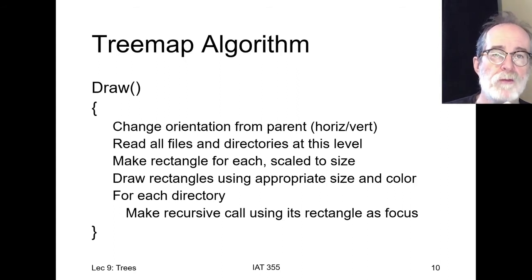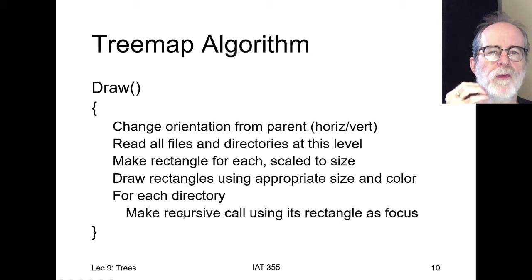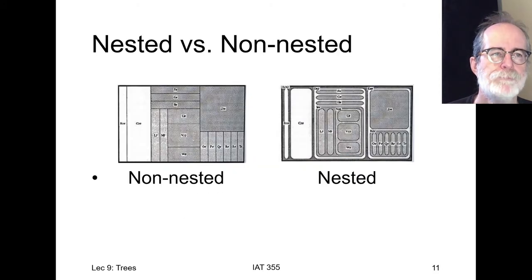And then for each directory, if this was directories, still make a recursive call to draw all the content of that directory in the small size that you've allocated for this individual item. So all of that is within this for loop. So that's the basic idea. The drawback with this is that you end up with long, thin slices, but we'll talk about that later on.